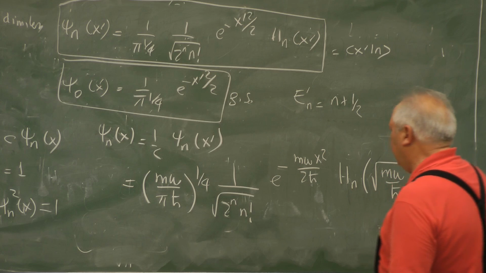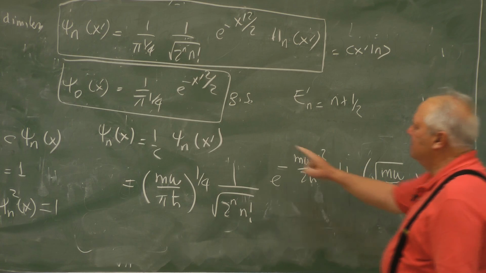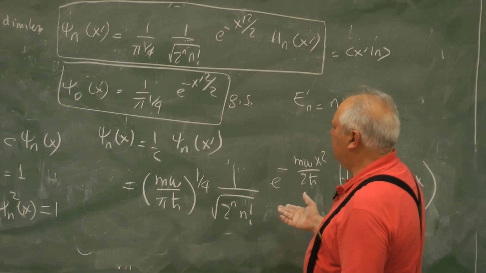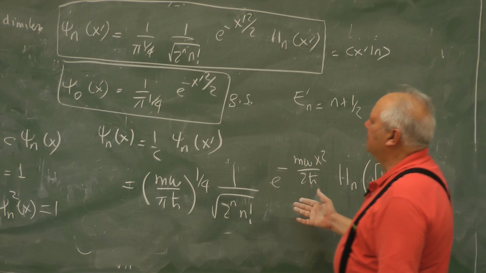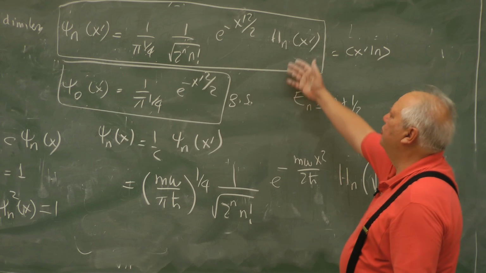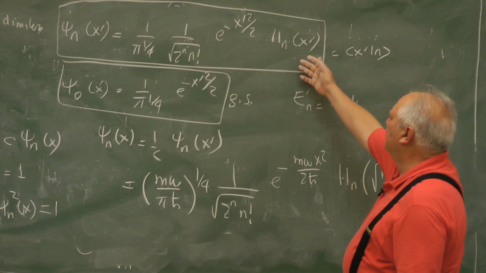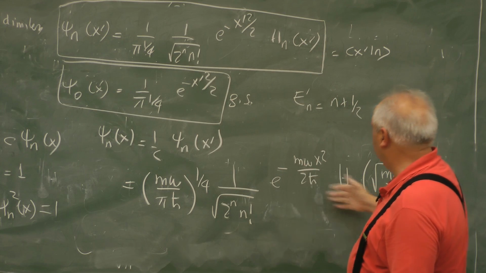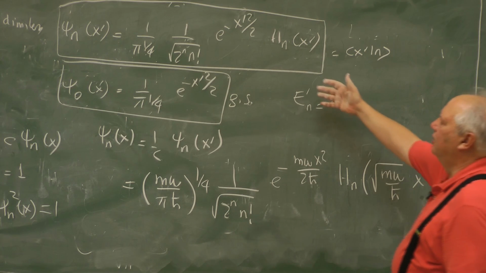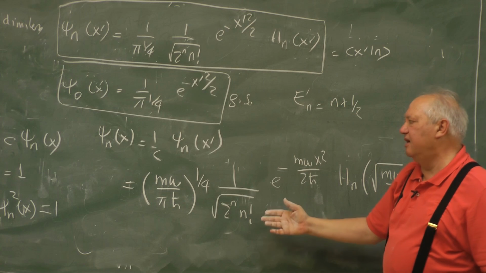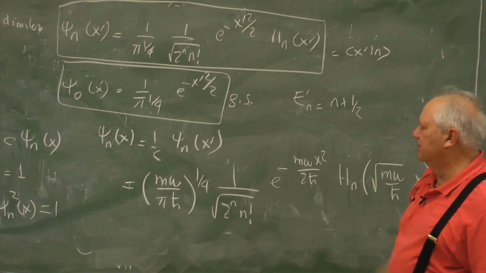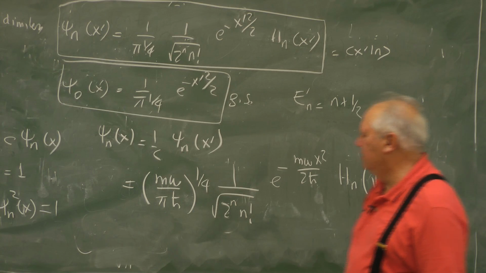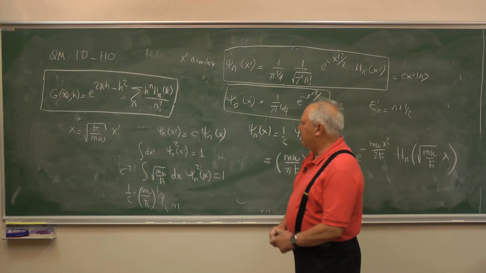So here x is the actual distance. This is the dimensionless one. But this also gives a good indication of the advantage of using dimensionless variables. It is so simple compared to this form. So one should use this one, and at the very end, if needed, you can put the constants back to make things dimensional.